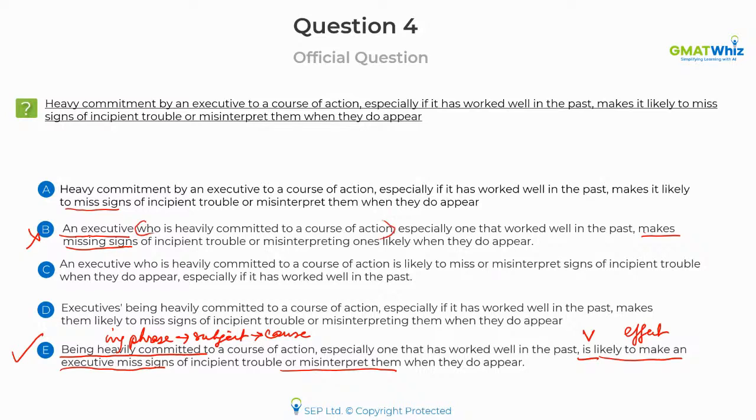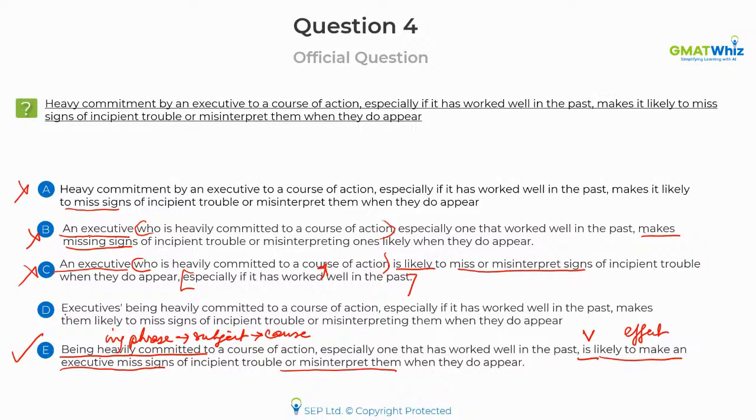Then in C, we say an executive, again just turned into a modifier, is likely to miss or misinterpret signs. Again, why is the executive likely to miss signs? The cause is not given. And this is supposed to modify the course of action, but is placed far away from it. So this also is incorrect.